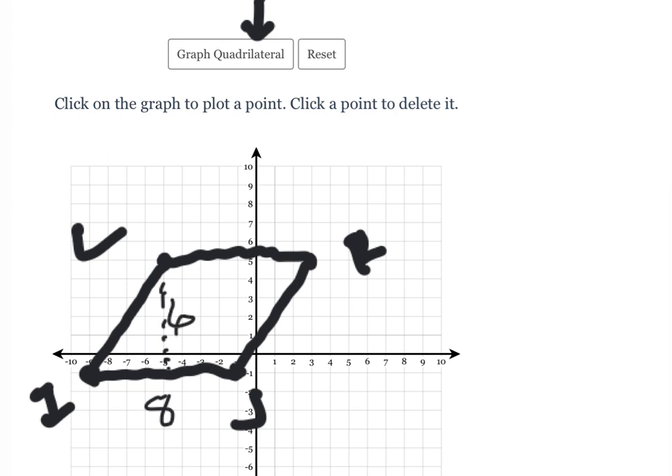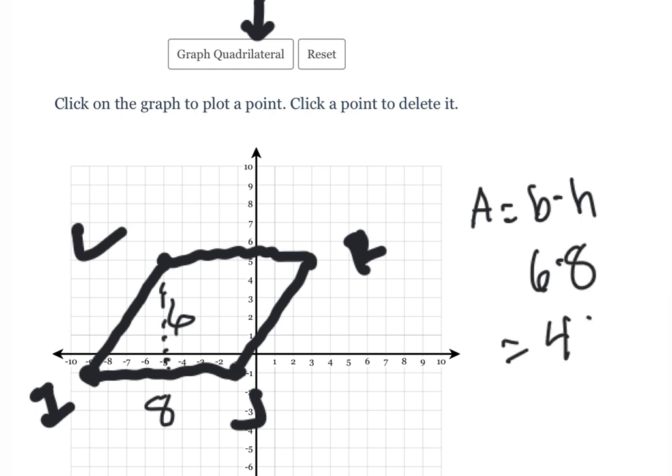So this is 6. And I know that the area of a parallelogram is base times height. So I'm going to do 6 times 8, which is 48 units squared. So remember, area is a square unit measurement. We are filling in the inside, so that's why we have the units squared.